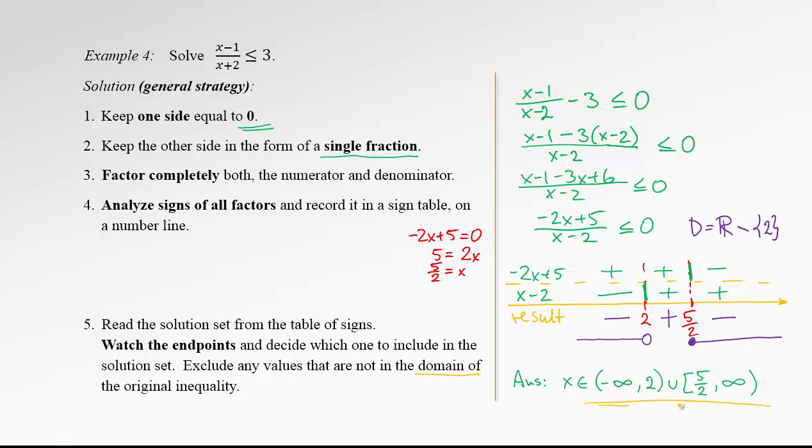So that's the final answer. The inequality was solved algebraically. Now, if you have time and energy, you can always plug this expression, the left-hand side, into the calculator and confirm the answer. However, it is important that we learn how to solve such inequalities algebraically, using the sign analysis.